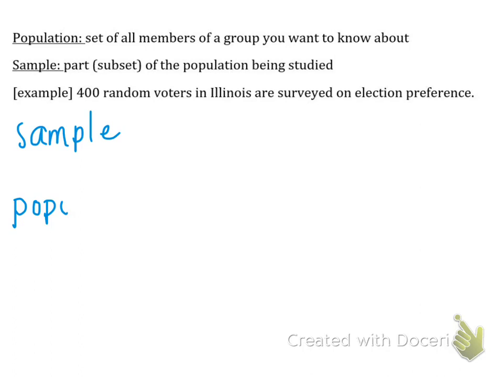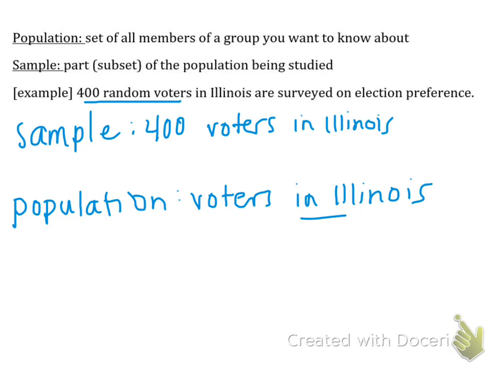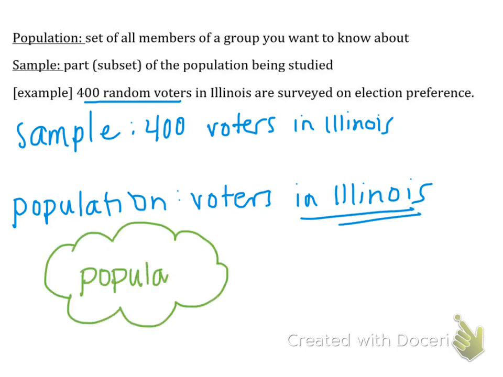So we're going to identify the sample and the population. The sample is 400 voters in Illinois, it's just who you talk to. And then the population is all voters in Illinois. So that Illinois part is a big idea. That's because if I want to generalize about the whole population, the sample needs to look like a mini subset of the population.